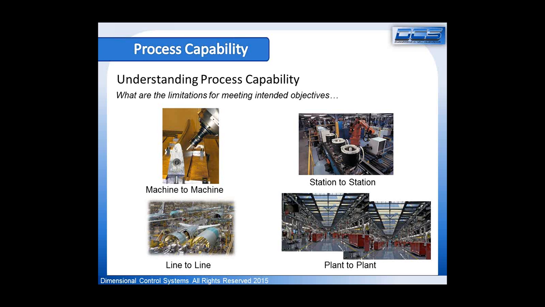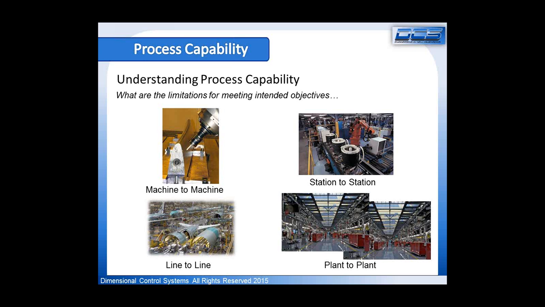Particular types of jobs might be better suited to different types of machines in a machining environment, or if you're talking about an assembly environment, you're talking about station-to-station capabilities and what types of operations should be best suited to certain assembly stations, or it may be looking at capability and saying there are adjustments that need to be made at given stations in order to make a station perform at a level that is more consistent with another assembly station.